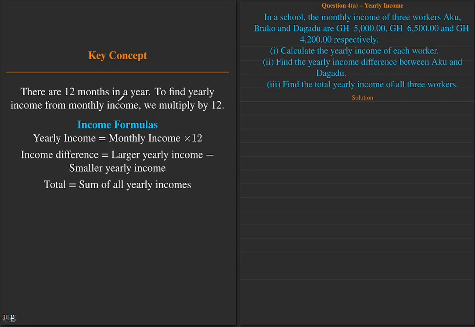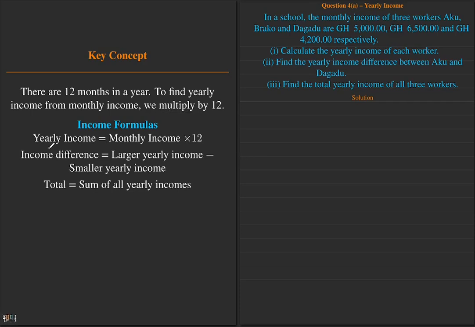So let's look at the concept that we need to understand before we can approach this question. Now, you know there are 12 months in a year. So if you have a monthly income and you want the yearly income, you are going to add the monthly income 12 times, or in other words, multiply the monthly income by 12, and that is going to give you the yearly income.